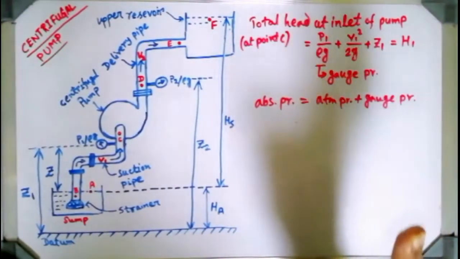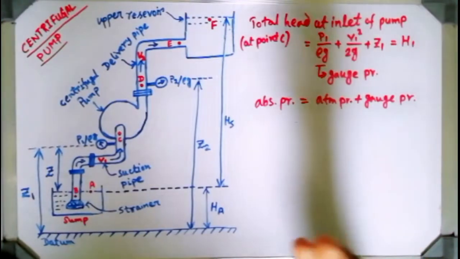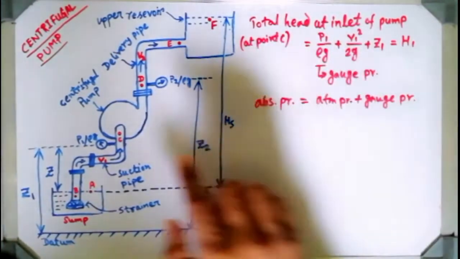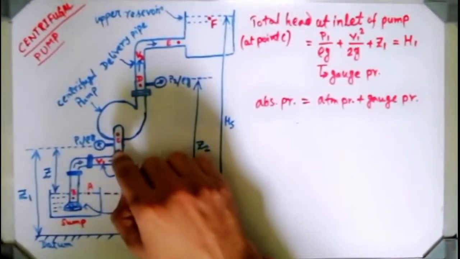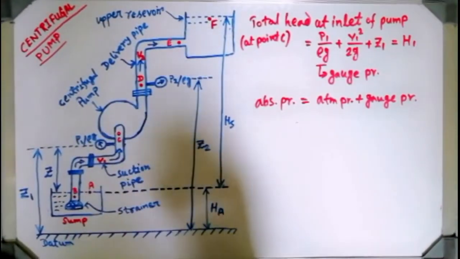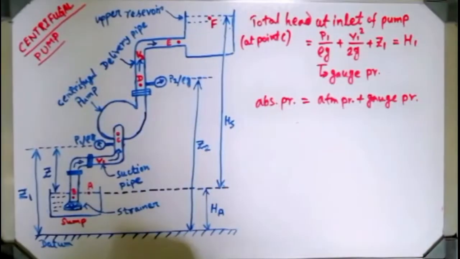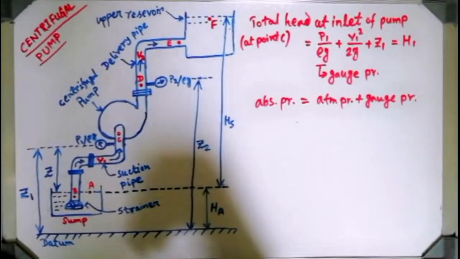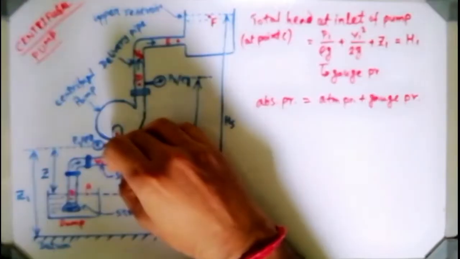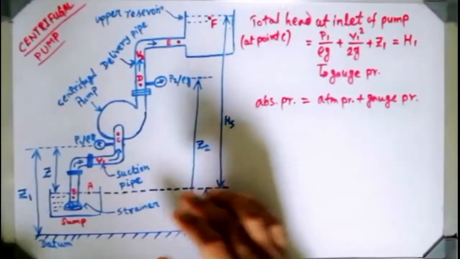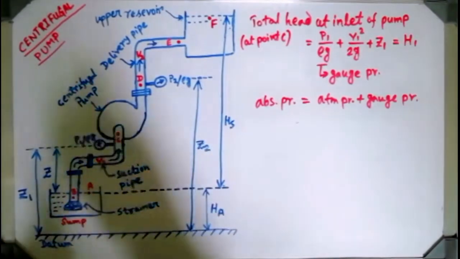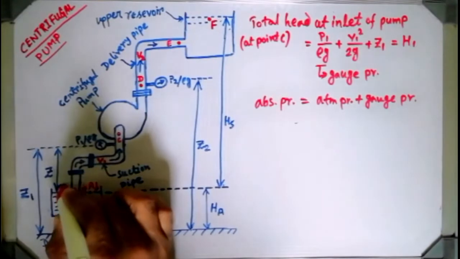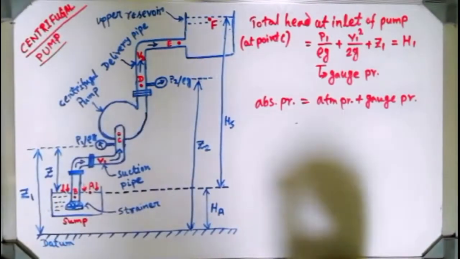So vacuum gauge pressure means the pressure is lesser than the atmospheric pressure. Basically, if we connect a pressure gauge at this inlet point, it will show a reading less than the atmospheric pressure, or sorry, it could also be higher, because we all know atmospheric pressure is acting on this sump level.